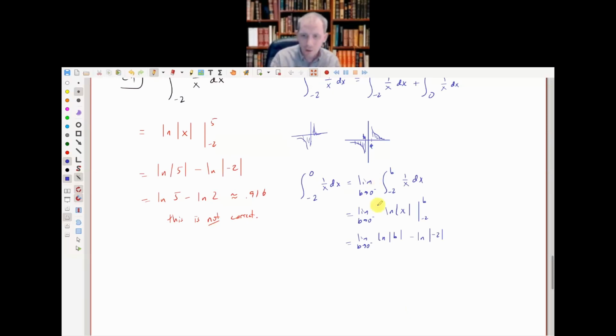Now, what happens if I try to plug 0 into a log function? If I take log of 0, I know that's undefined. If I look at the graph of y equals ln of x, as my x values get closer and closer to 0, the y values go down to -infinity. So -infinity minus ln of 2 is infinite.